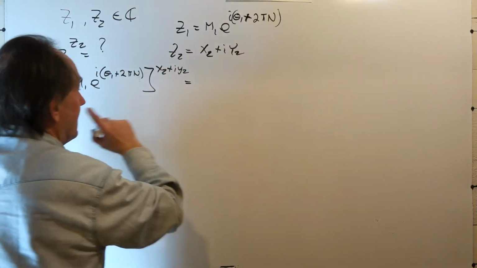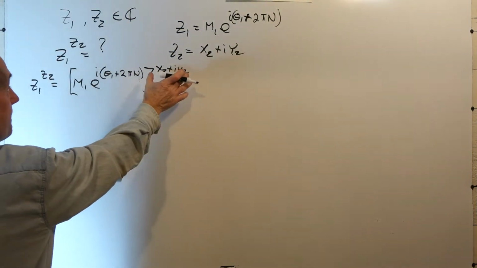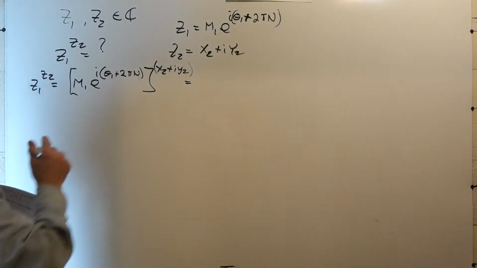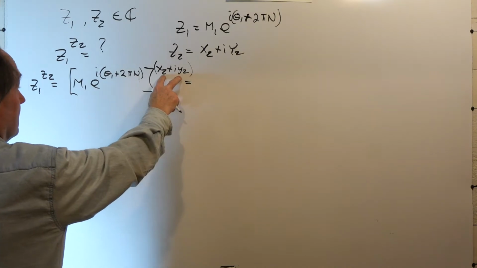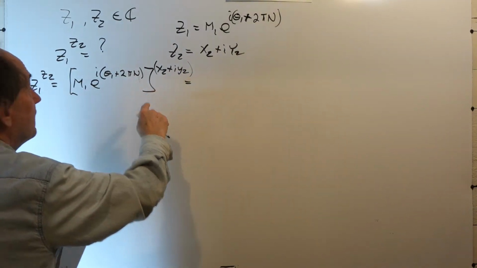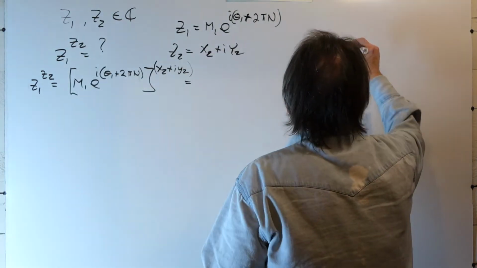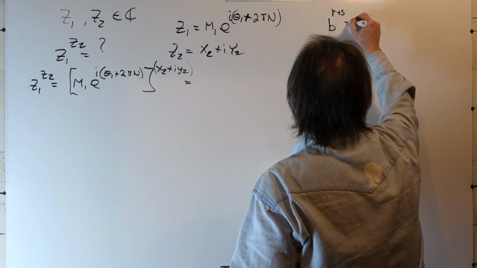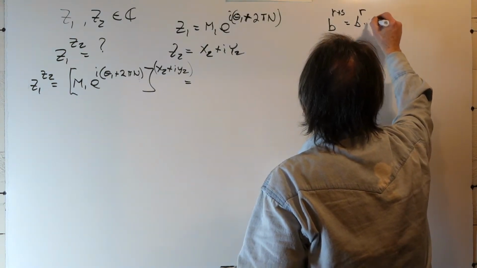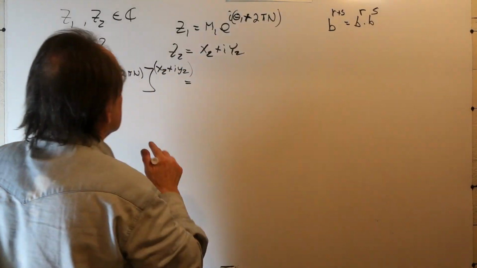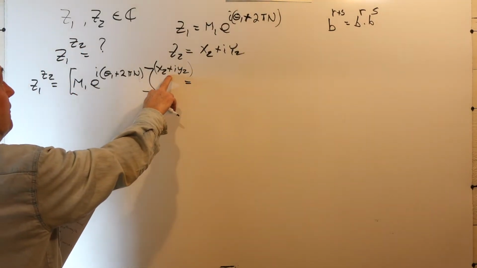Now we'll expand this out by taking the sums of the exponents. Remember, we can have a property where we have b raised to the r plus s power. This is b to the r times b to the s. So that's what we're going to do here.